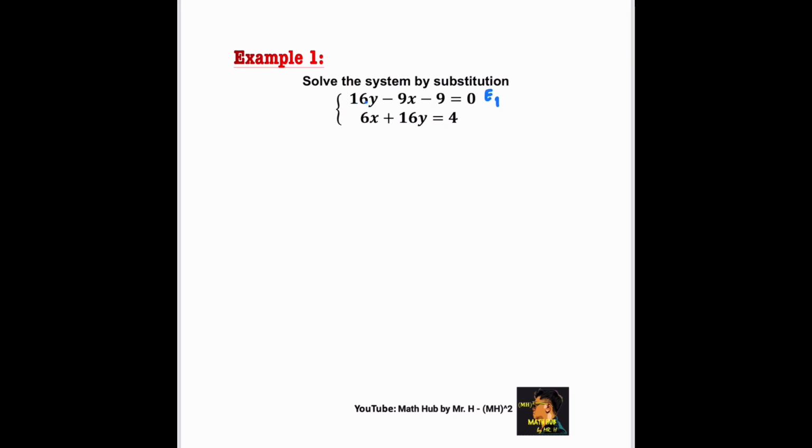In equation 1, the coefficients are 16, 9, negative 9, negative 9. Looking at those values, we cannot divide them by a certain number to make them smaller.